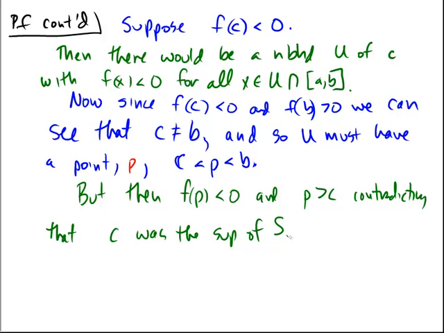It was supposed to be bigger than all of the points in S, but we just found another point, P, that was actually bigger than c, and it is also in the negative part of the graph.